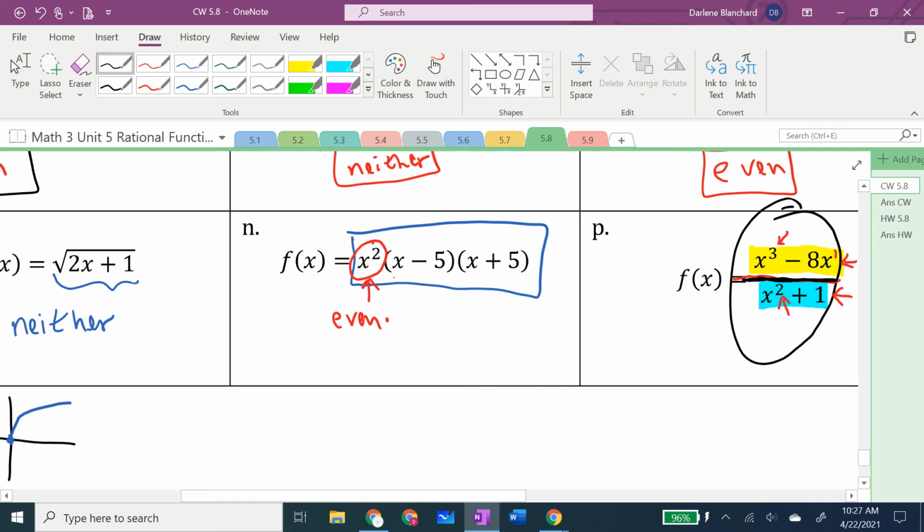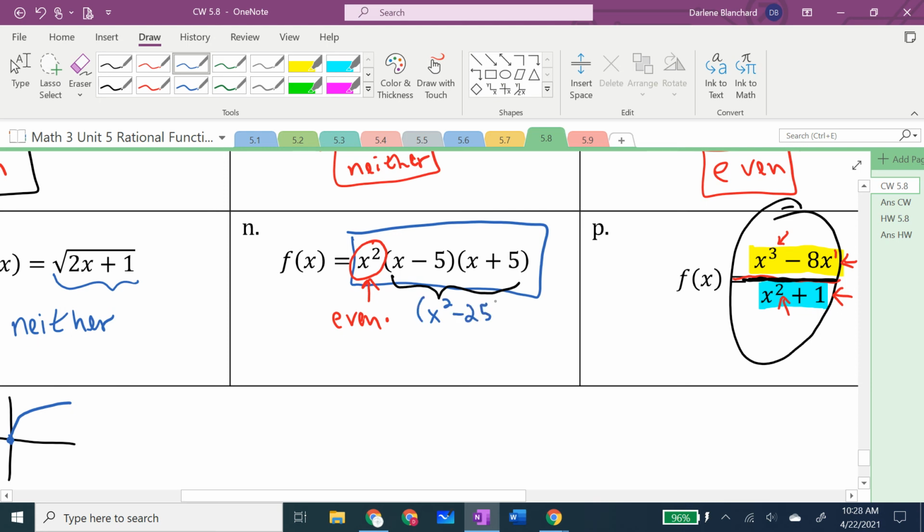This one, though, honestly, I think this letter N is more of an honors problem. So I'm not going to test you on this issue, because the easiest way to see this is if you multiply those two polynomials that I just underlined, those multiply to x squared minus 25.